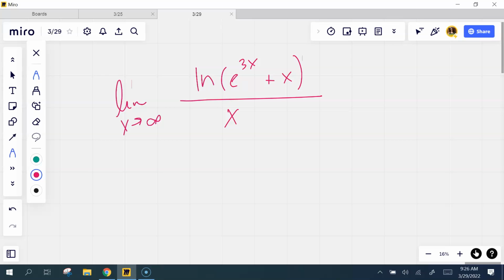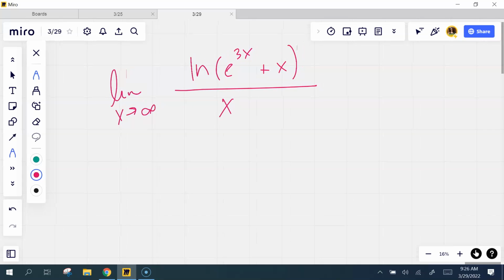Why did I do that? If you think about infinity going in here, I would have the log of infinity divided by infinity, which is going to be like infinity over infinity. I L'Hopitaled it to start with.